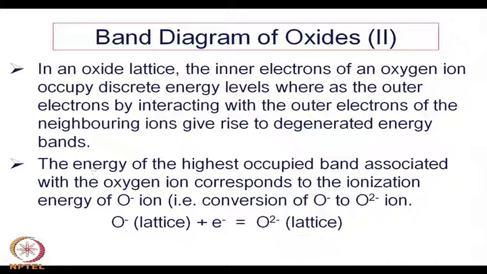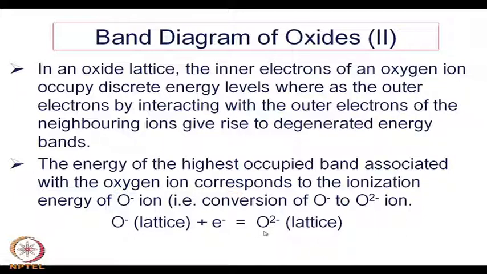The energy of the highest occupied band associated with the oxygen ion corresponds to the ionization energy of the O minus ion, that is, the conversion of O minus to O2 minus ion. So, the overall energy change is here. We are considering the O minus ion, not O2 minus to start with. When you add this electron, it becomes O2 minus.